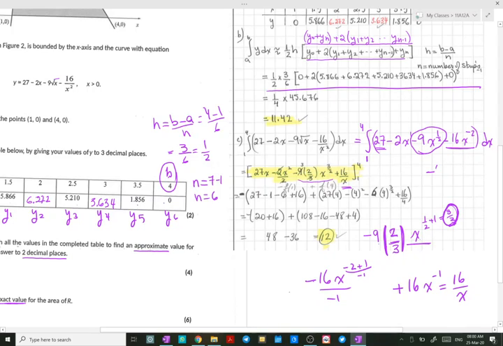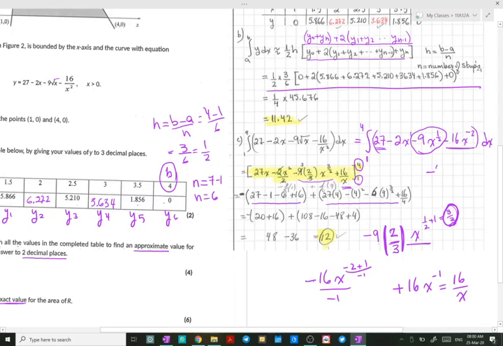Now be careful, you have to keep the bounds, and then you replace the upper bound instead of x, and then the lower bound also instead of x, and adding them up, you're going to have 12.